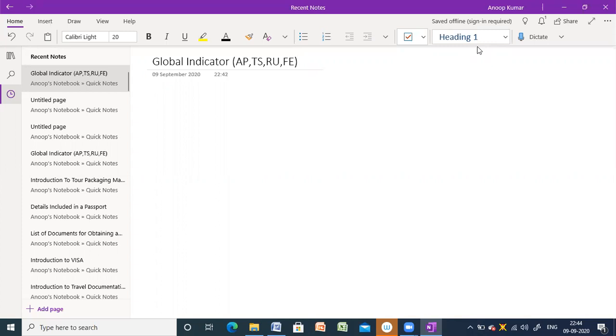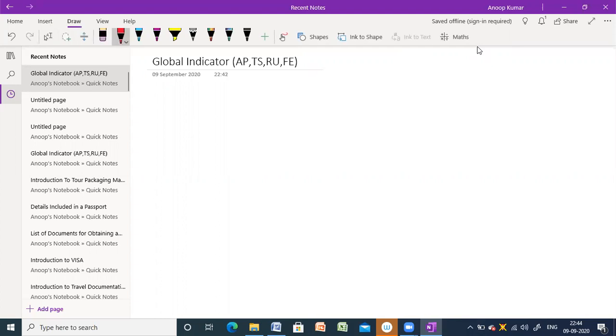Before coming to the topic, I just wanted to tell you that in our previous class, I told you that if any flight is moving between TC2 and TC3, the possible global indicator in that particular case may be AP or TS or RU or FE or EH.